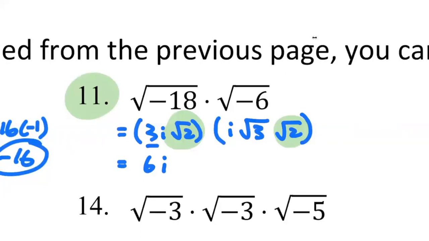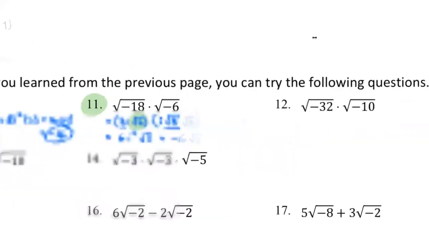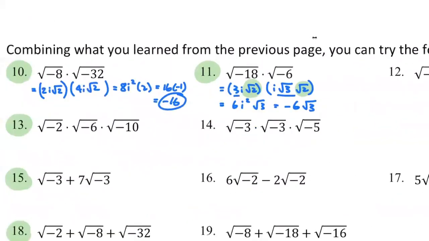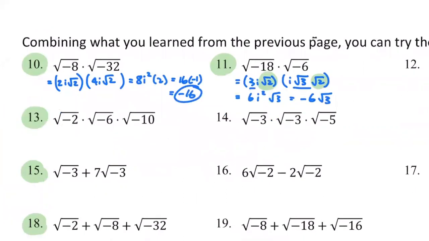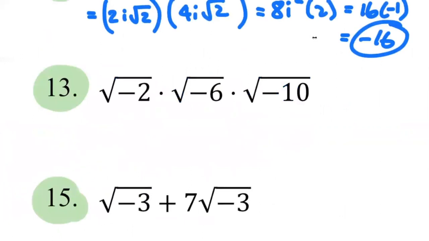So we have 6i squared, and then we have 1 root 3 remaining. And we know that i squared is -1. So the answer is -6 times root 3. Pretty much the same thing as what we did last lesson. It's just now we have a little i. That's the extra.